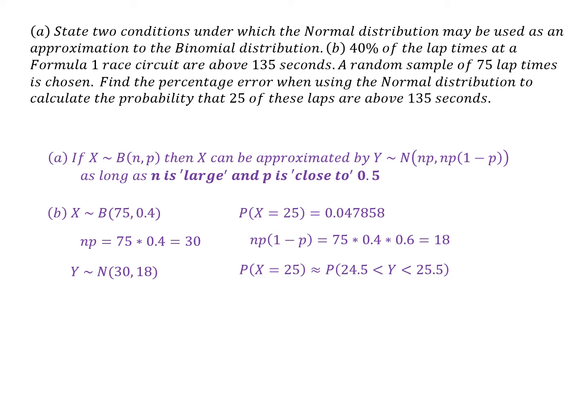So using the normal distribution as an approximator, the approximate value of x, a probability of x being equal to 25, is the probability that y is between 24.5 and 25.5. This is because the normal distribution is a continuous distribution, but the binomial distribution is only a discrete distribution, so we need to use the continuity correction.